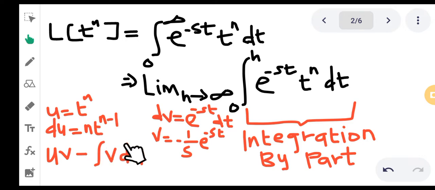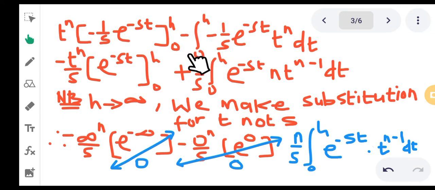Then minus the integral, I'm just making a substitution, from 0 to the limit h of v du.